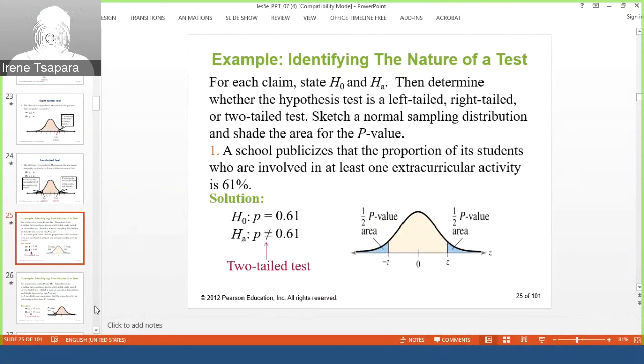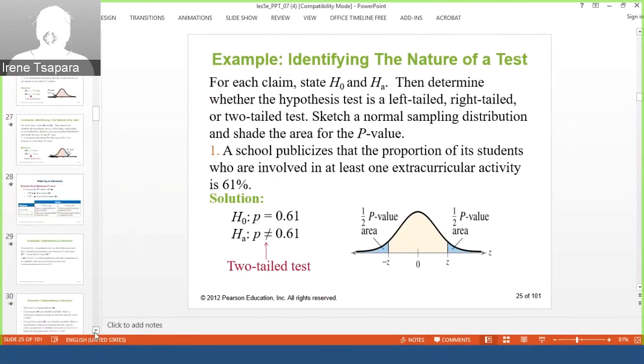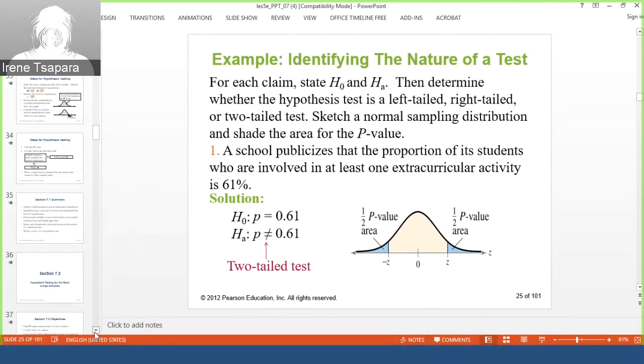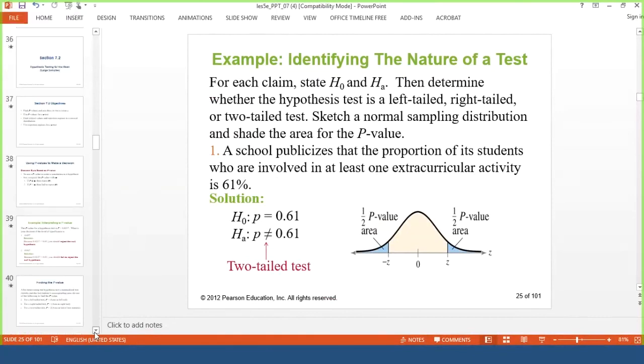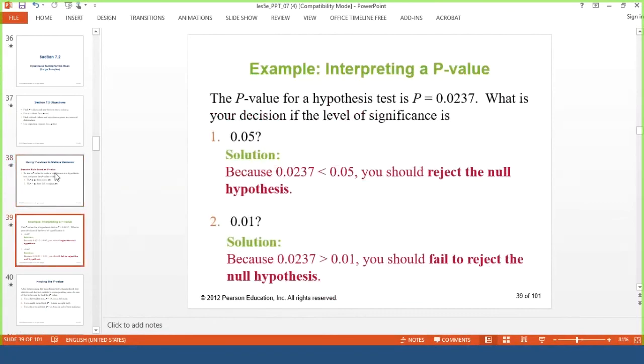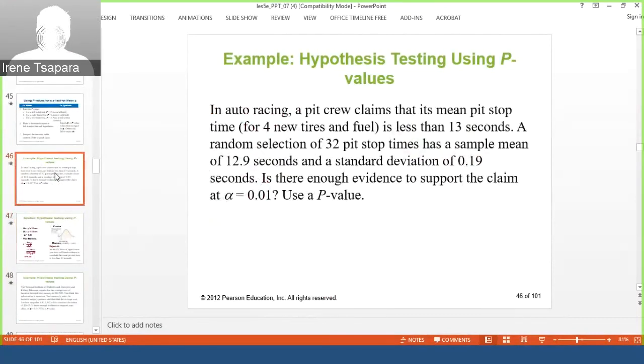Okay, let's look at an example. We have seen this example. This is only to set up the problem. Let me run an example from start to finish. In auto racing, a pit crew claims that its mean pit stop time for 4 new tires and fuel is less than 13 seconds.